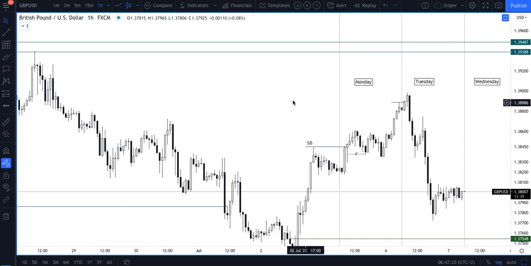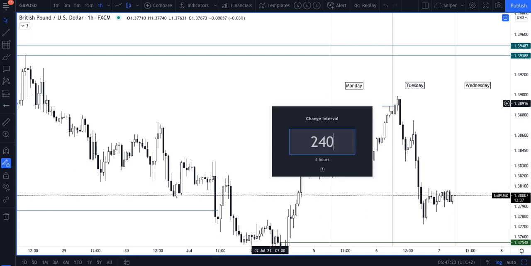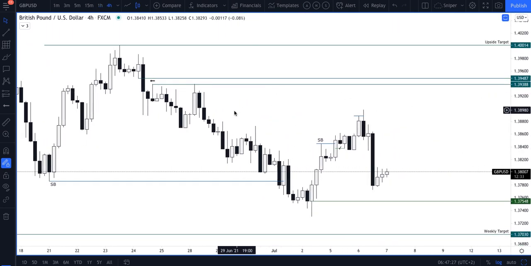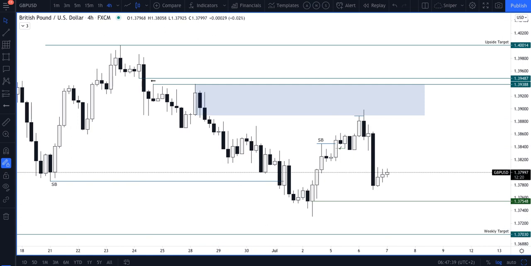First of all, let's quickly go to the 4-hour. To the left, it was relatively difficult to identify a good level where price is reacting from, but possibly this up candle before the move down can be our potential order block, because we have some of the criteria met.